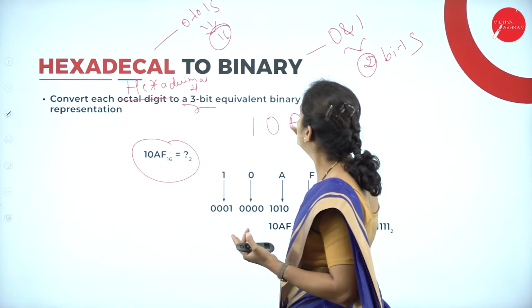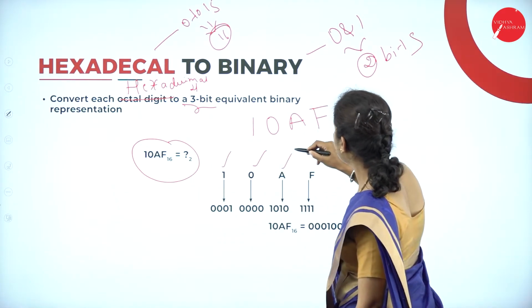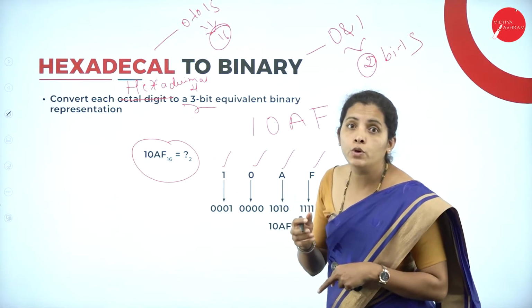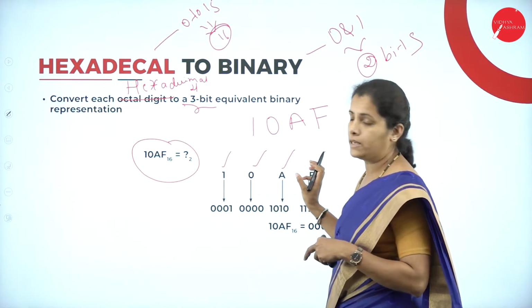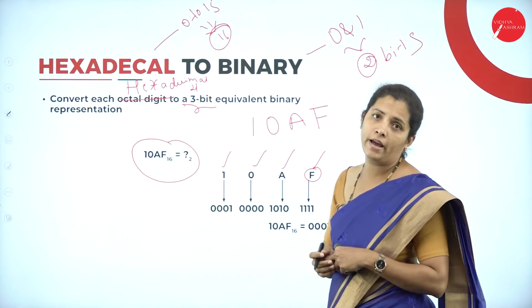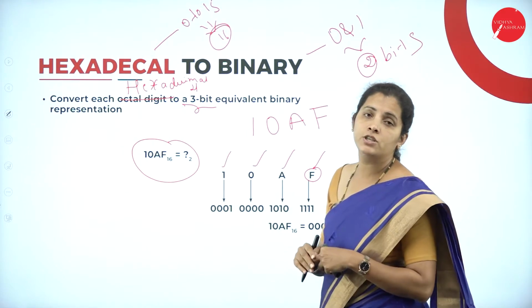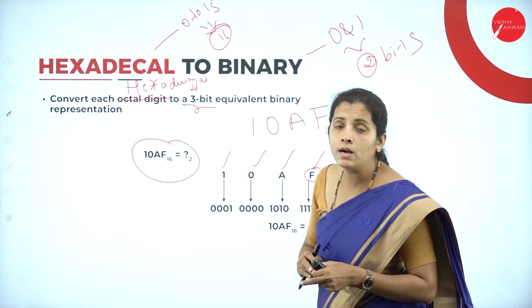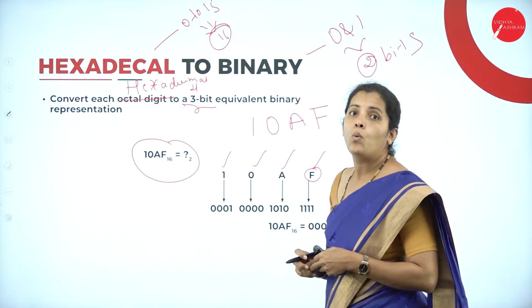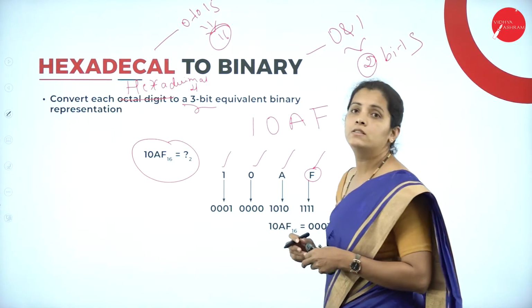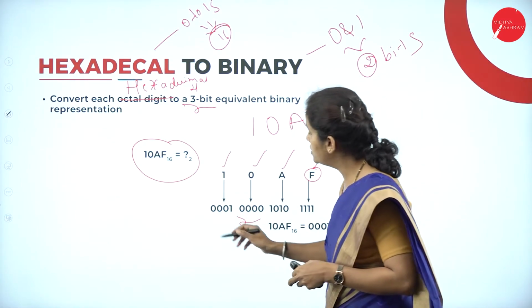That means I'm going to consider each digit separately: this is 1, this is 0, this is A and F. Now I'm going to write the binary equivalent for each digit. For F, what is the binary value? It is 1111. Then what is the binary representation of A? A means 10, so A's binary representation here is 1010. Then for 0, the binary representation is 0000, and for 1, it is 0001.